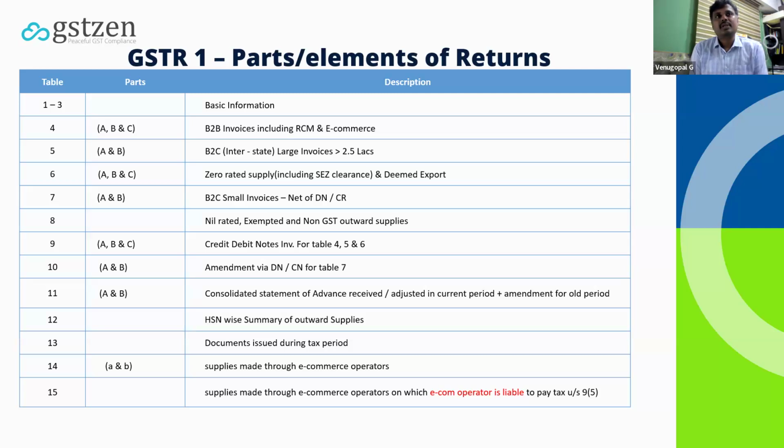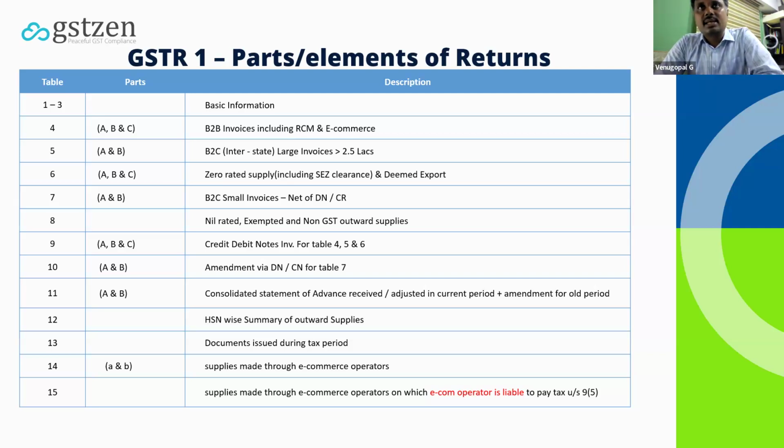Table 6 has 3 subtables, 6A, 6B, 6C. 6A is export of goods and or services with or without payment. 6B is supply to SEZ with or without payment. 6C is deemed exports.